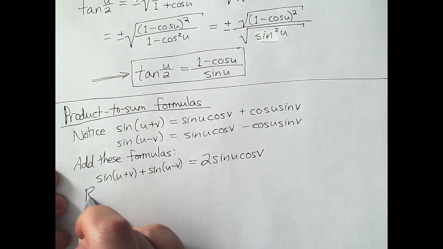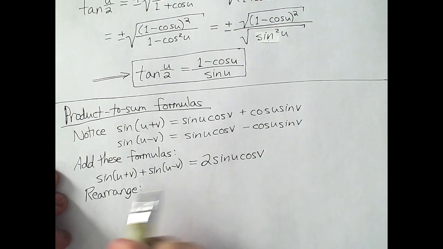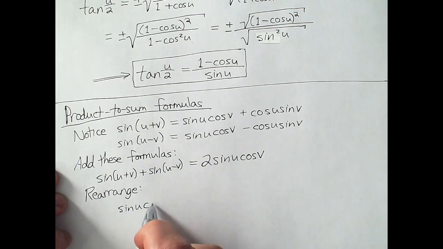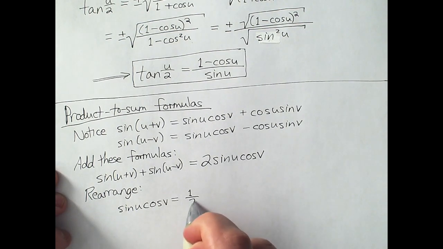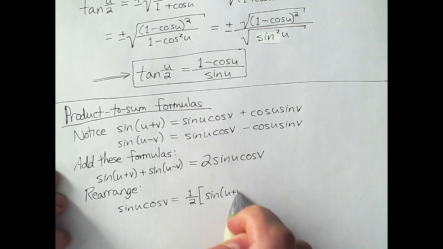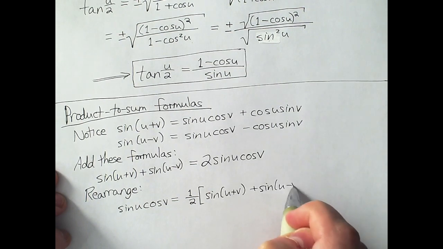What we do is we rearrange it. When I say rearrange, I mean algebra. I mean subtracting something from both sides, or dividing something from both sides. So what we're going to do is say, let's write it this way. See what I did there?